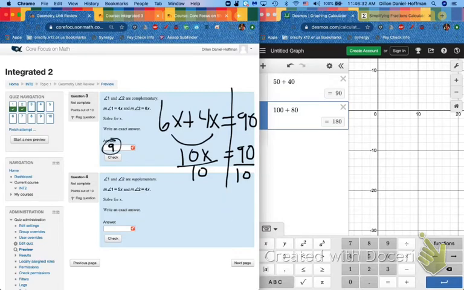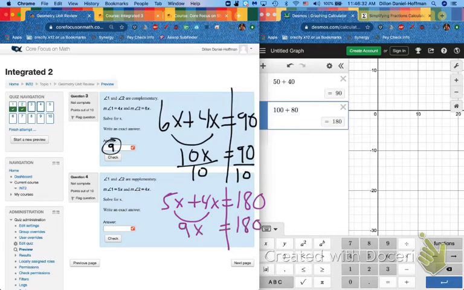I'm going to leave that up as I do the bottom one because it's so similar here. Let's use a different color. Purple is my favorite. We've got 5x and 4x, and now that equals not 90, but they say it's supplementary. We just reviewed that's 180. These are like terms. Oh my gosh, it's 9x again. We got lots of 9s and 10s going on here.